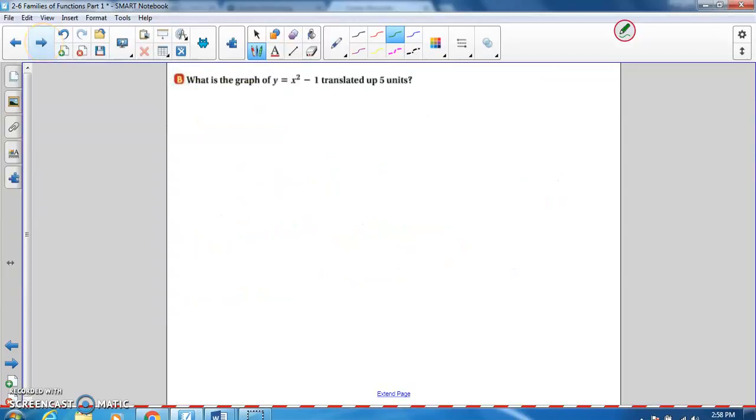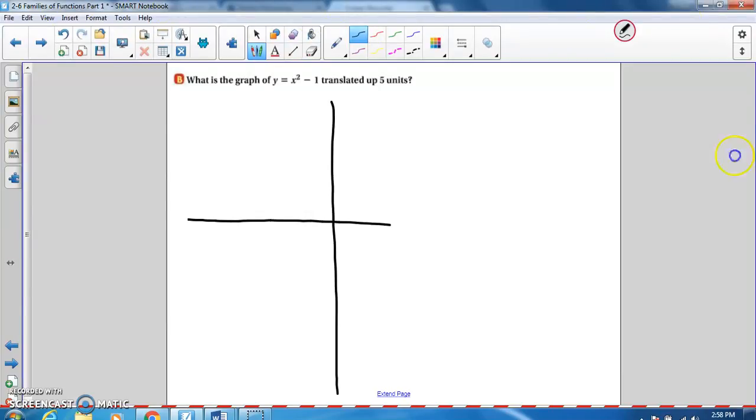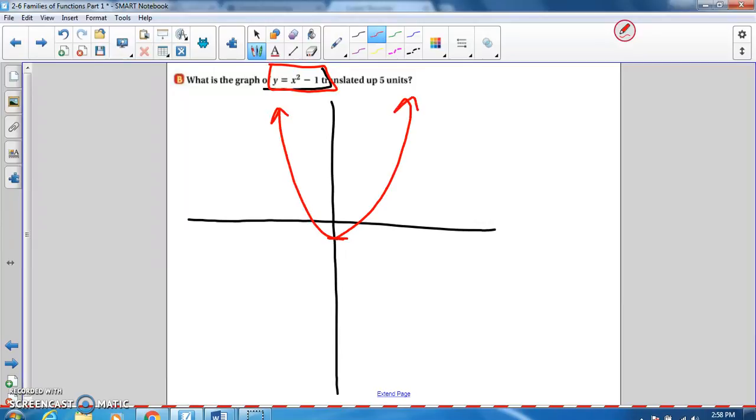If we have the graph y is equal to x squared minus 1 translated up 5 units, we know that originally this function is shifted down 1. So we have a parabola shifted down 1.